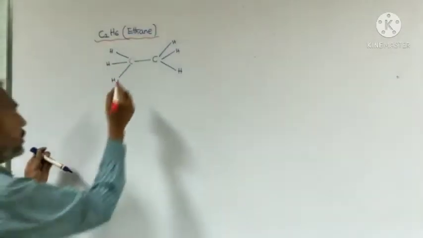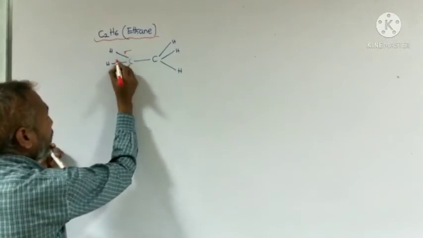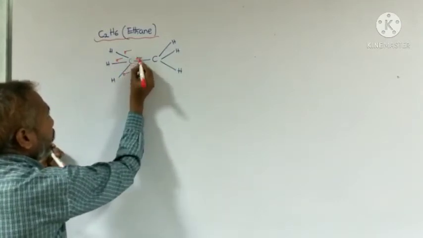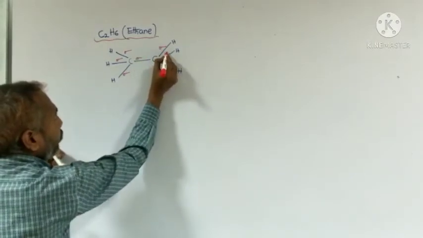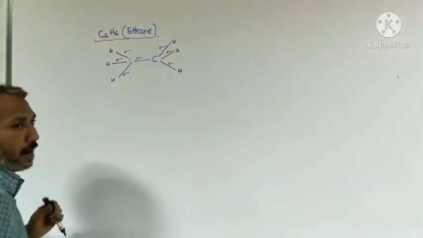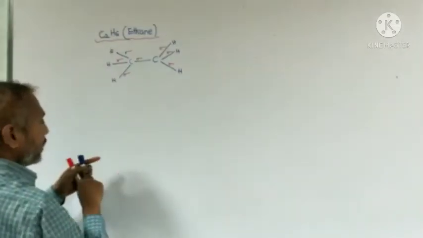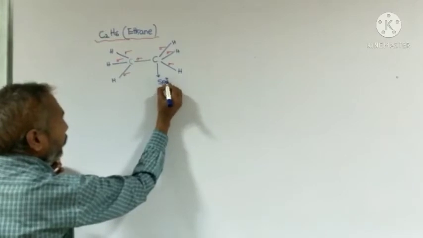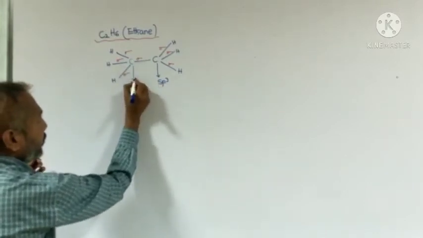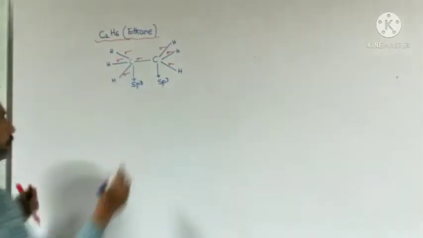How many sigma bonds does this carbon contain? 1, 2, 3, 4. This carbon also has 4. If an atom contains 4 sigma bonds, it undergoes sp3 hybridization. So this carbon exhibits sp3 hybridization.